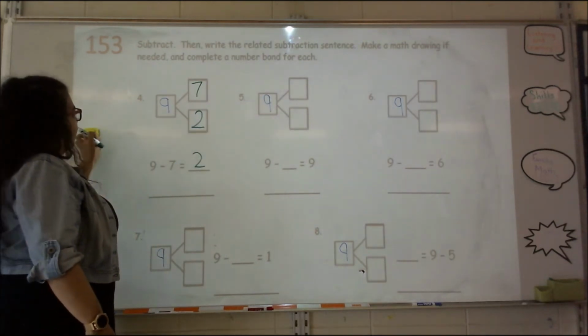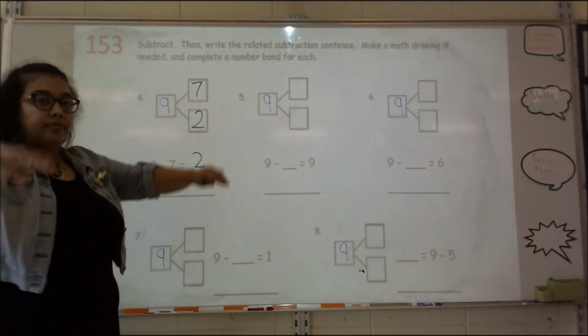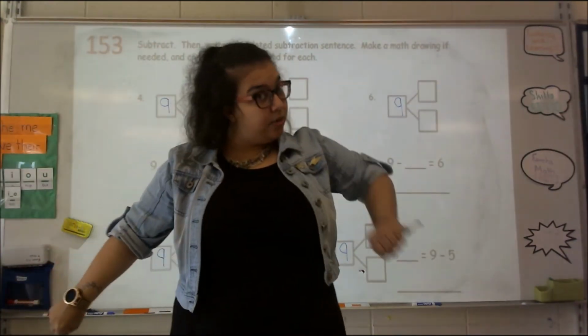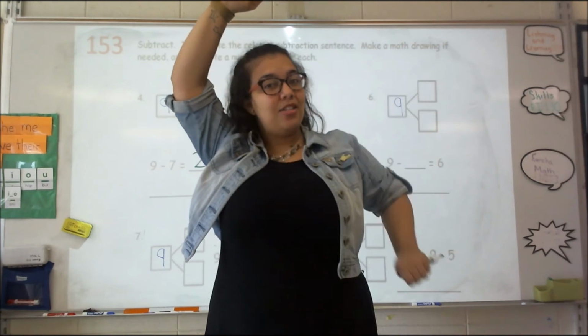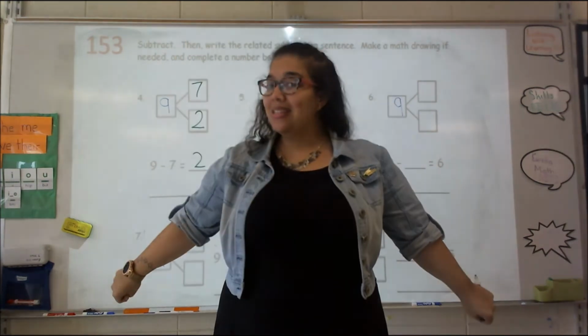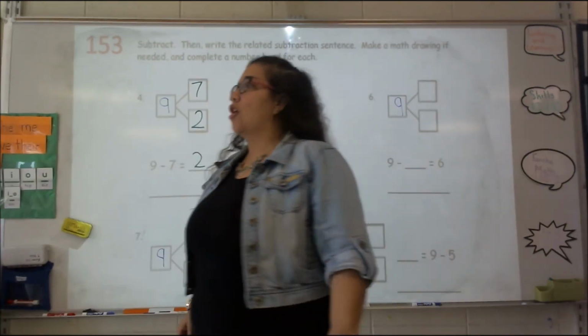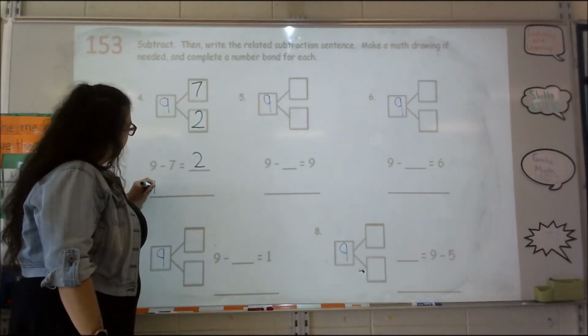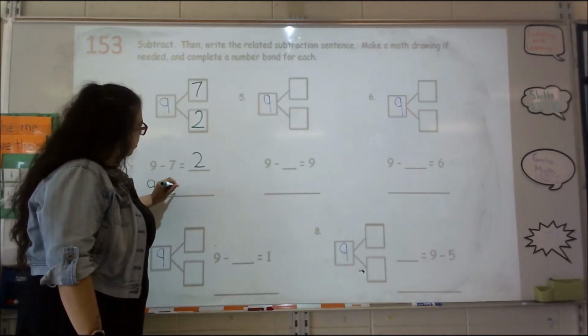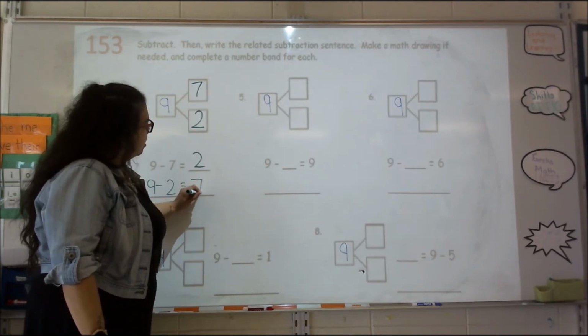So if 9 minus 7 is equal to 2, then we also know that 9 minus 2 is equal to 7. Goes both ways, starting with the whole because it's a subtraction. 9 minus 2 is equal to 7.